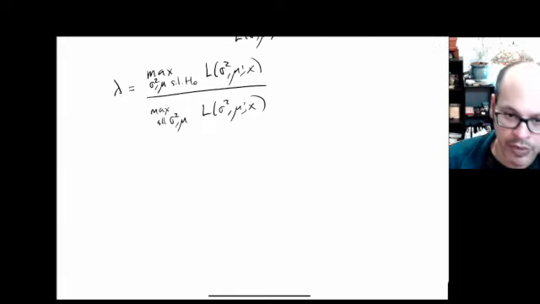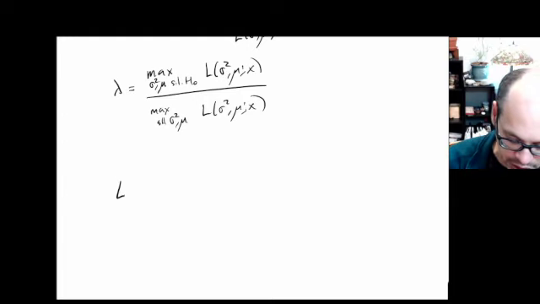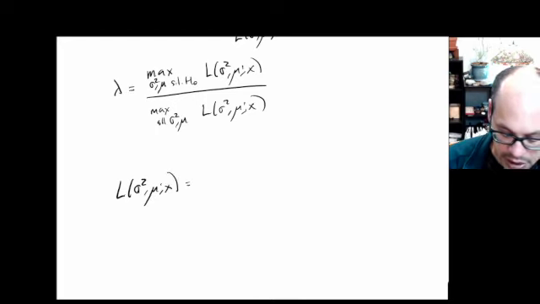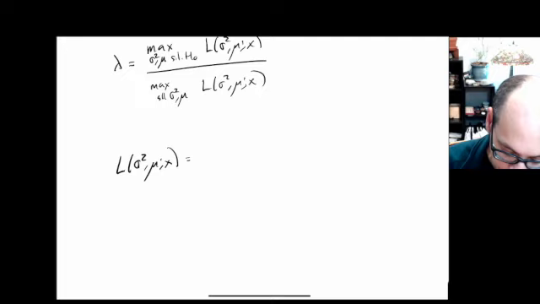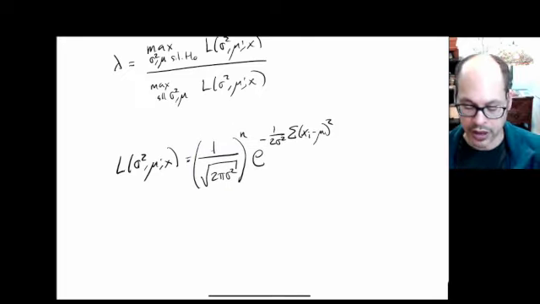So we can do a little bit of a simplification, I guess. So if we write our function L of sigma squared and mu, x, let me just grab it right here. Okay, so there we are.